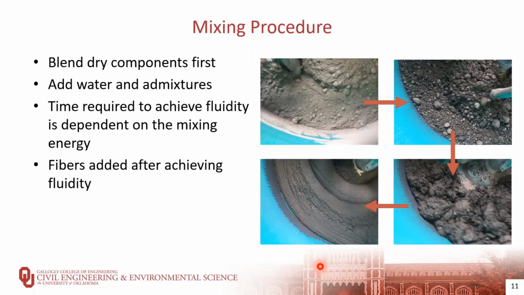The mixing procedure consists of blending the dry components. So for a non-proprietary mix, that often means adding the different components separately, blending those all together. Then adding the water and the admixtures, allowing time for the mixture to achieve fluidity, which is shown here on the right. So going from powder over to a fluid mix, at which point the fibers are added to the mixture.